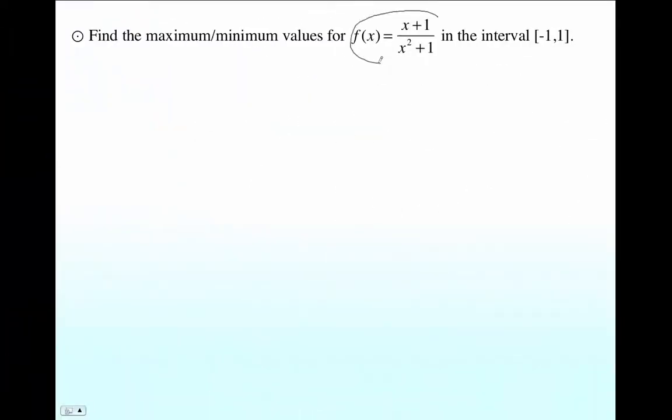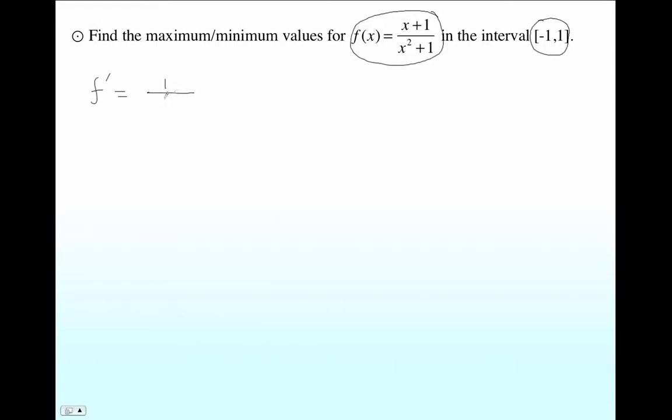Let's now look at this function, f of x equals x plus 1/x squared plus 1, in this closed interval between minus 1 and plus 1. I'm going to regard f as a product of two factors, one of which will be x plus 1 and the other will be 1/x squared plus 1. So let's take the derivative, f prime.